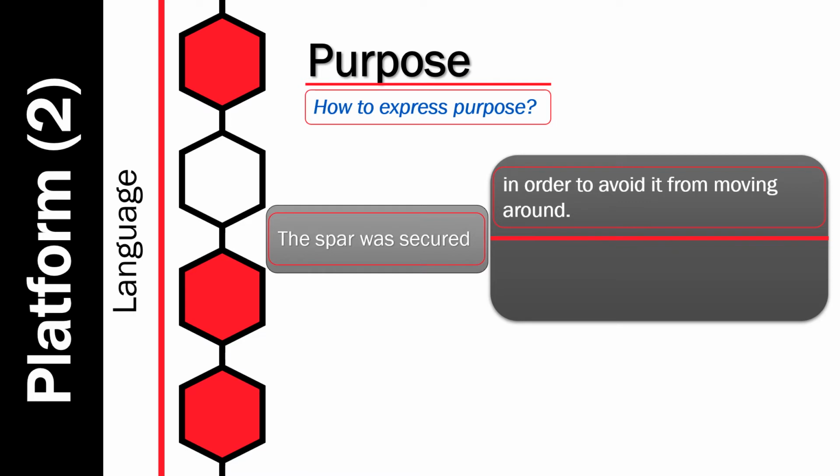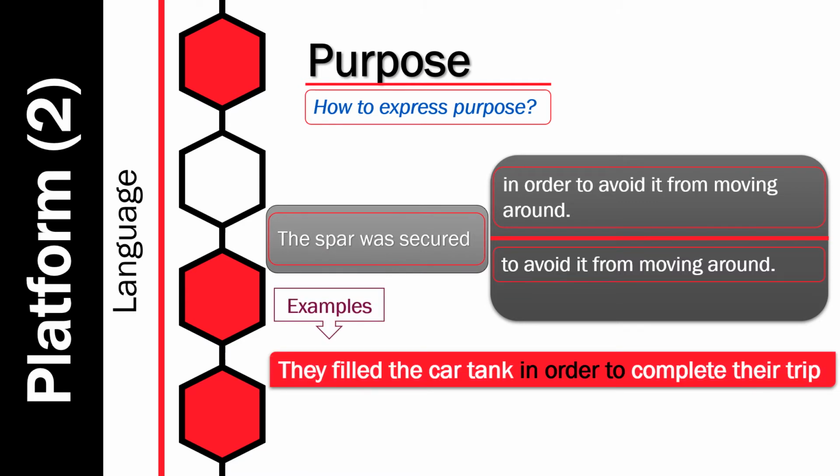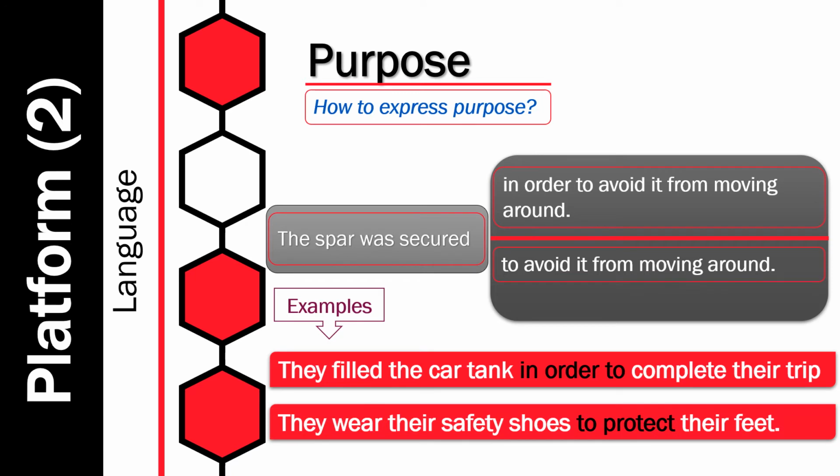Another example, the spar was secured to avoid it from moving around. Let's have other examples. Number one, they filled the car tank in order to complete their trip. Another example, they wear their safety shoes to protect their feet.